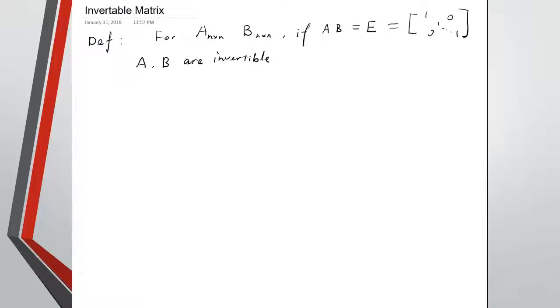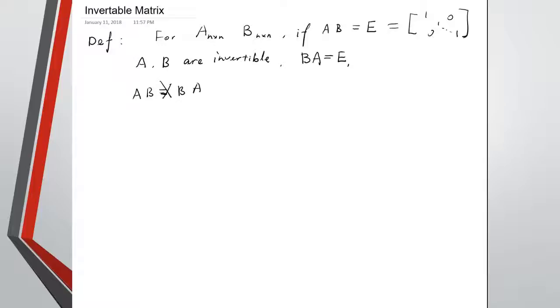Okay, and then we can have BA equals E for sure. So you can see that although in most cases we cannot say, for arbitrary matrices A and B, that the commutative law is true. Usually that's not the case.